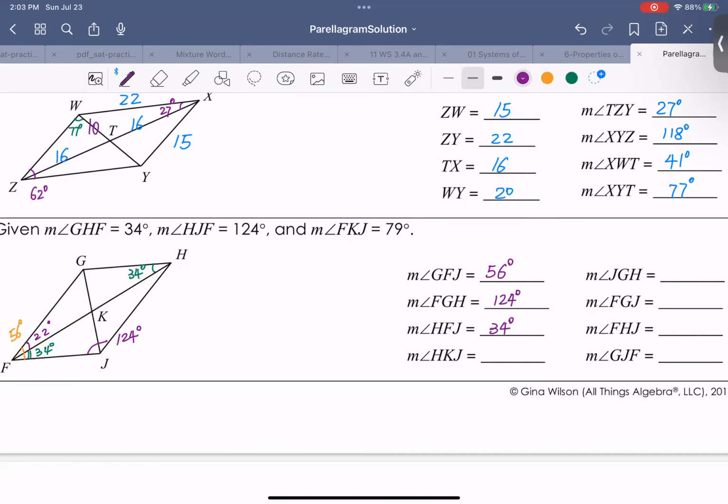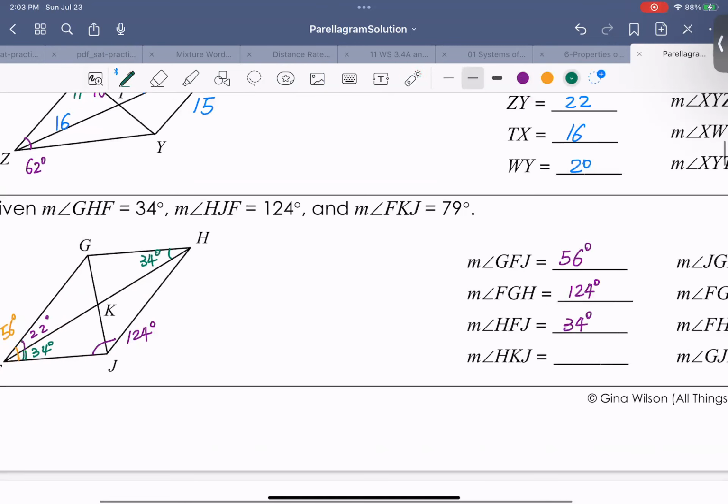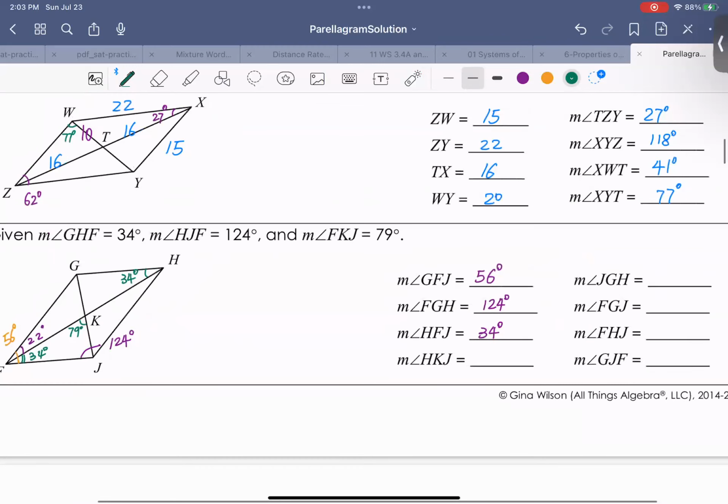FKJ here is given as 79. So in that way, our HKJ will be 101. Very good. And then JGH.